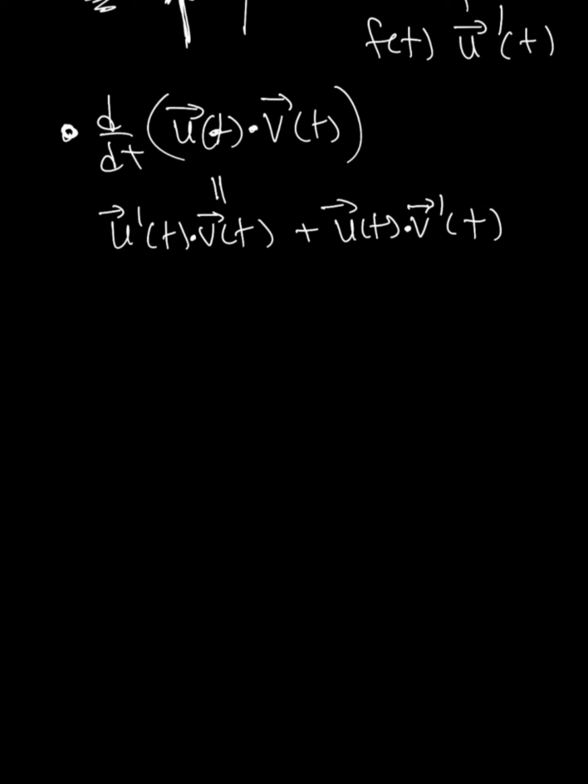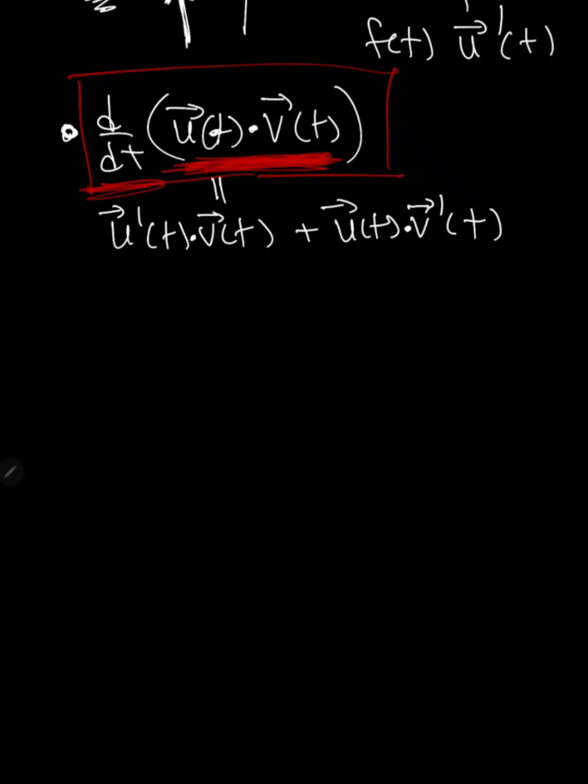But notice that maybe this expression isn't as simplistic as it might appear on the surface. What's happening on the left-hand side is that the dot product is a function: when you dot two vectors, you get a number. So if you dot two vector-valued functions, you get a regular one-variable calculus function. So the derivative on the left-hand side is a one-variable calculus derivative of a regular one-variable function.